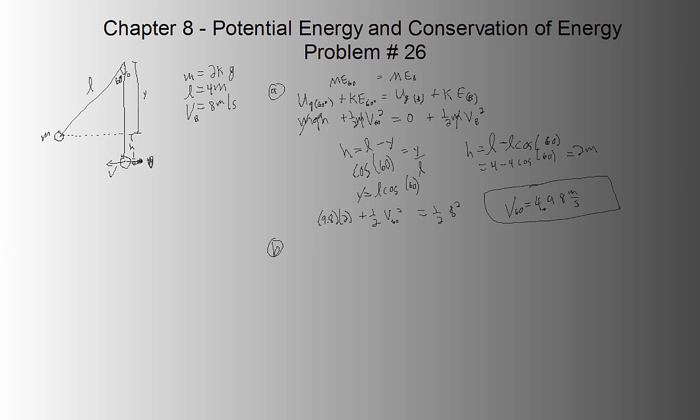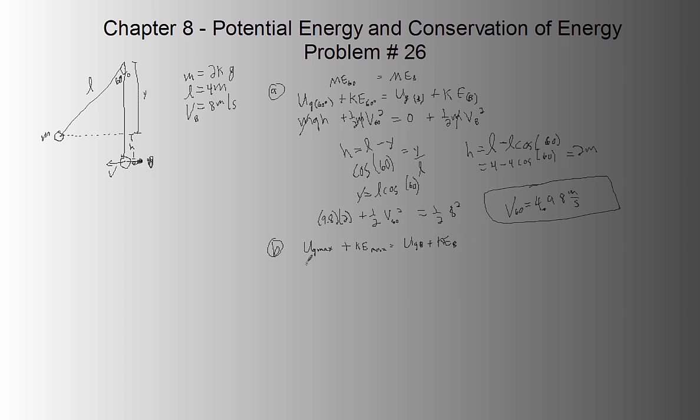So now we want the mechanical energy at the max height, and so that's going to equal the mechanical energy at the bottom. So that's just going to be Ug max plus KE max equals Ug bottom plus KE bottom.